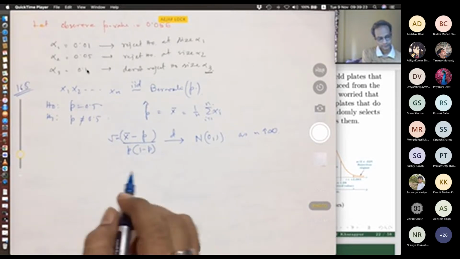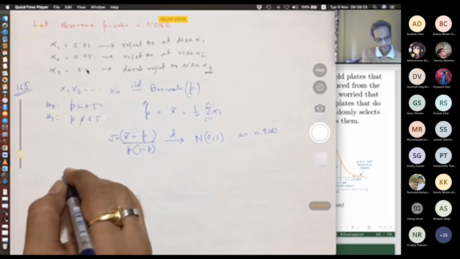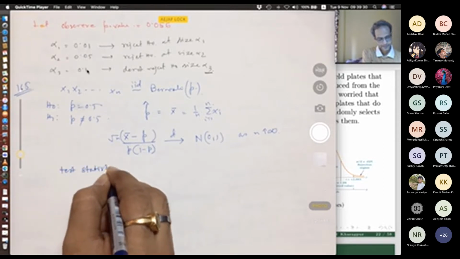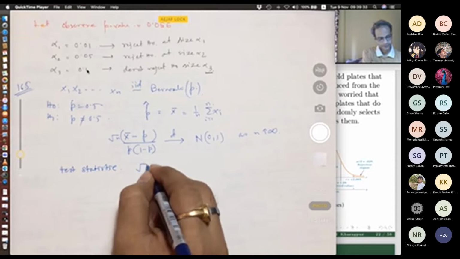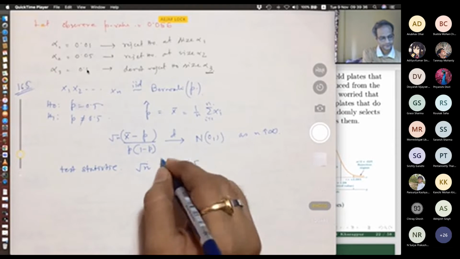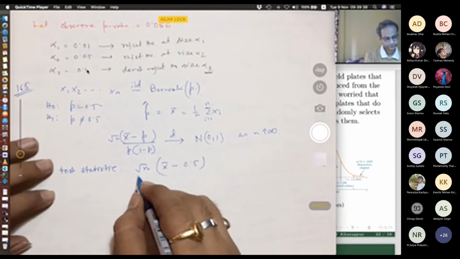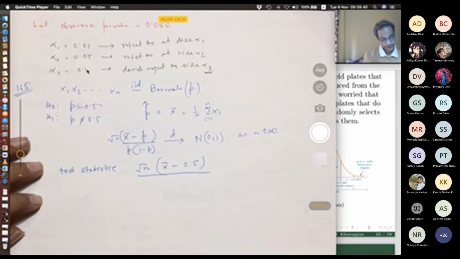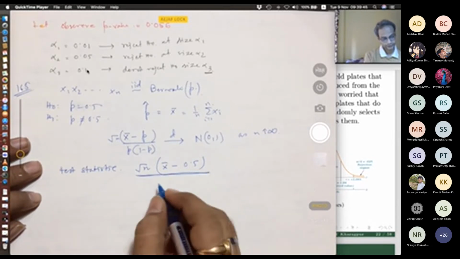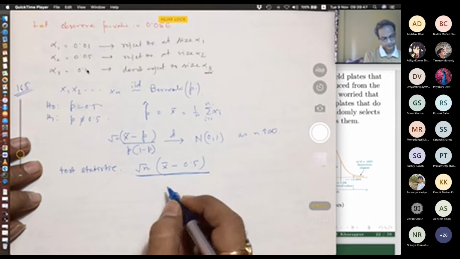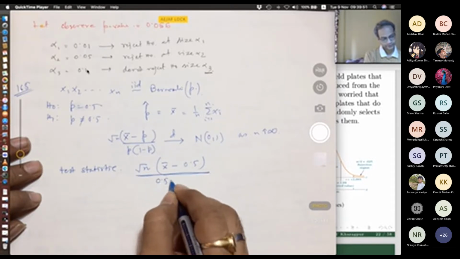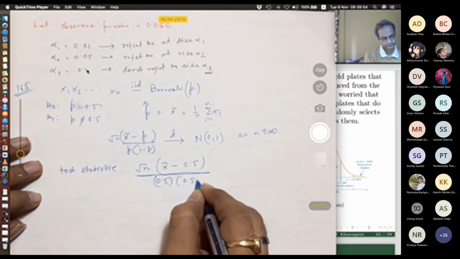So now the test statistic is say root n times x bar minus 0.5, divided by root of 0.5 into 0.5.